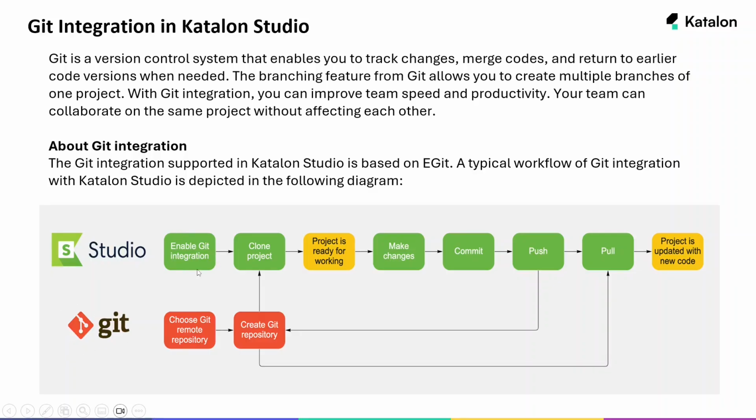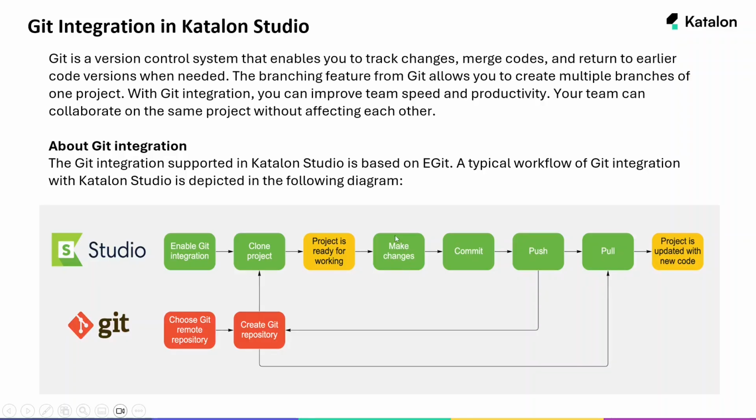When you enable Git integration in Katalon Studio, you can clone an existing repository, or you can create a new repository in Git and then clone that new repository to your Katalon Studio. Once you clone the repository from Git to your Katalon Studio, your project is ready for working. So here you can start automating your test cases.